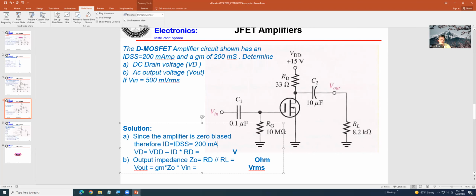And if you want to calculate the VD, it is VDD minus ID times RD, and the output impedance, Zout. You have to know that before you're able to calculate the Vout. The gain, then the Vout.